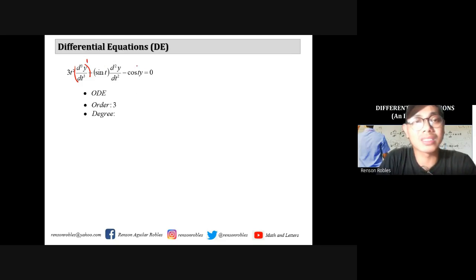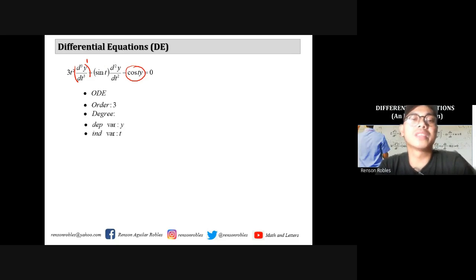But when we look at cos(ty), this has no degree since the equation cannot be written as a polynomial in the unknown function y and its derivatives, because of the presence of cos(ty). Still, the dependent variable is y and the independent variable is t. And this is nonlinear, again, because of that cos(ty).